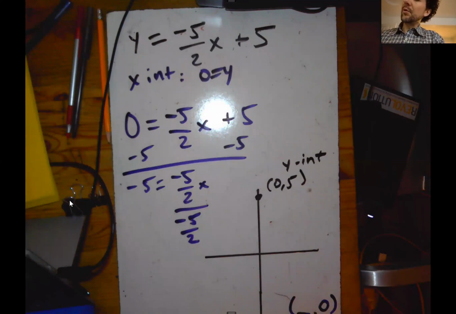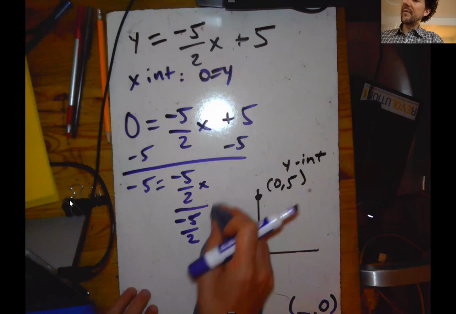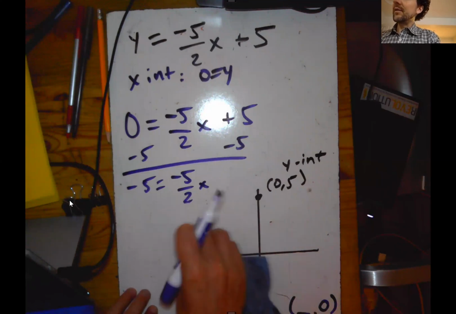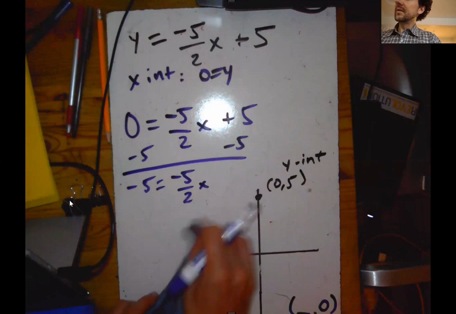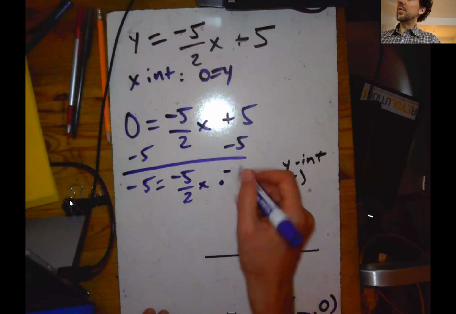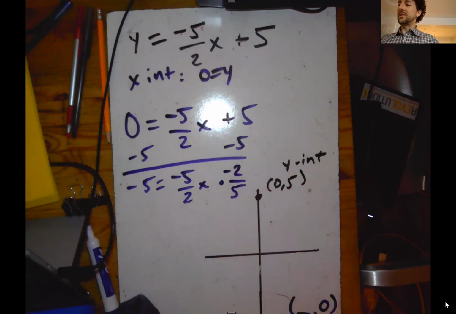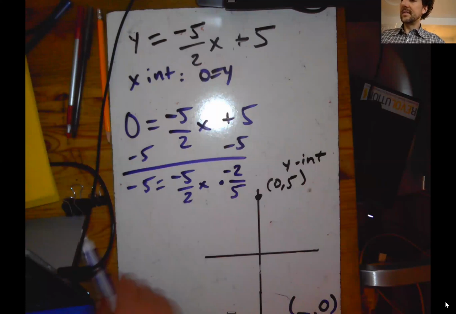So the simpler way that most teachers will have told you is, instead of dividing by -5/2, multiply by the reciprocal, -2/5. And make sure you do that on both sides.